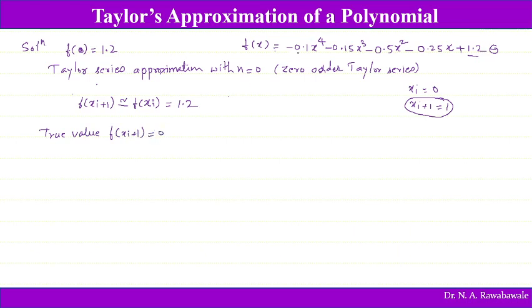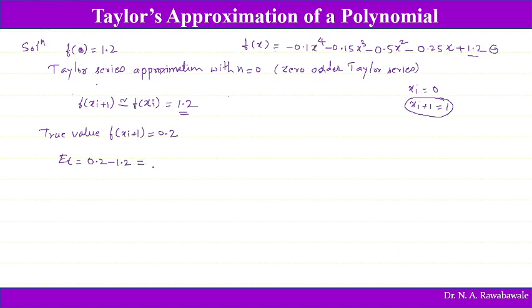If we substitute 1 in this equation, we get 0.2. So the true value of f of xi plus 1 is known to us. If we know the true value, then we can find the error. The 0 order approximation is constant, and therefore the true error Et is equal to the true value 0.2 minus the approximate value which we have obtained, 1.2, that is 0.2 minus 1.2.